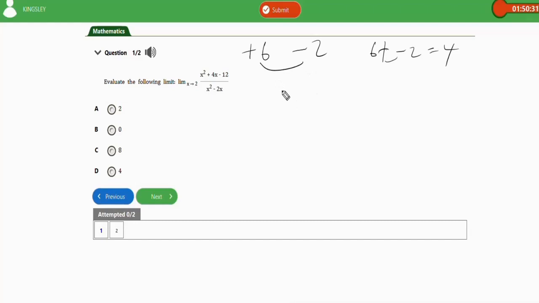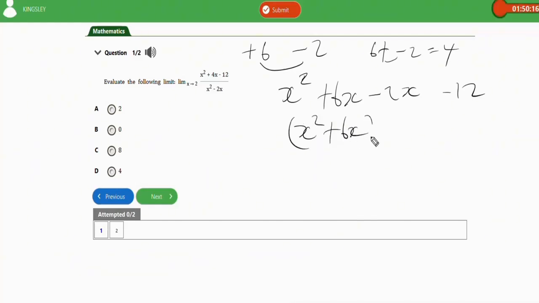So this will give us x squared plus 6x minus 2x minus 12. You split it: x squared plus 6x, minus 2x minus 12.